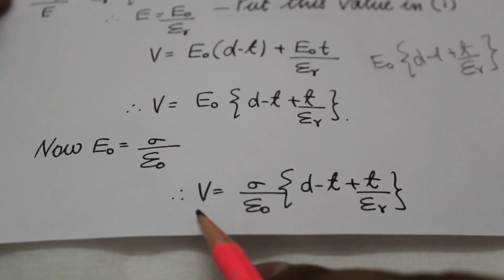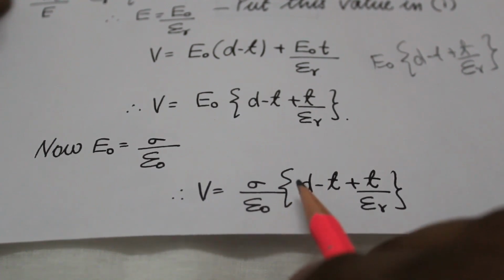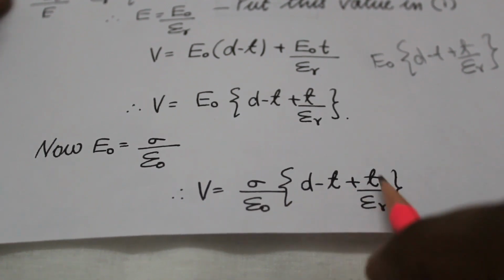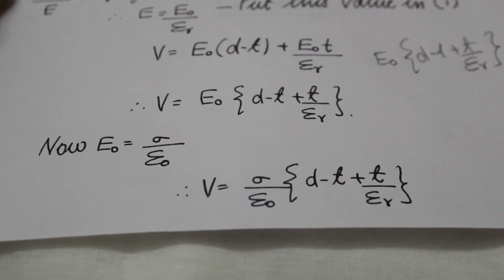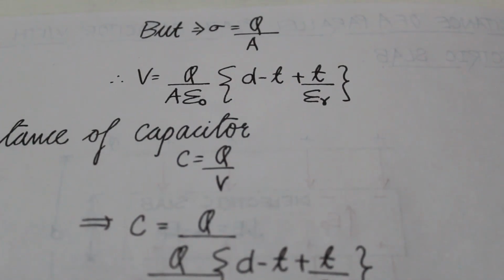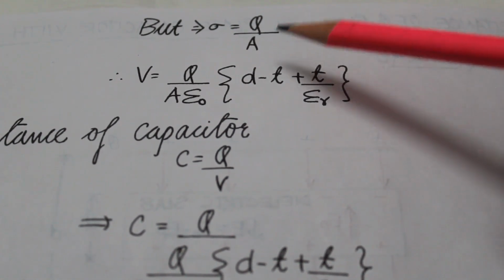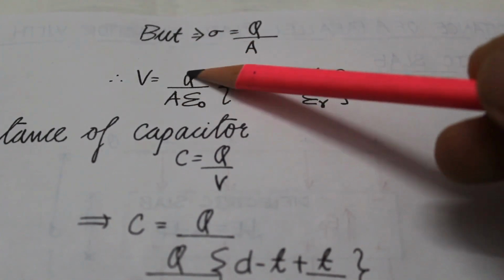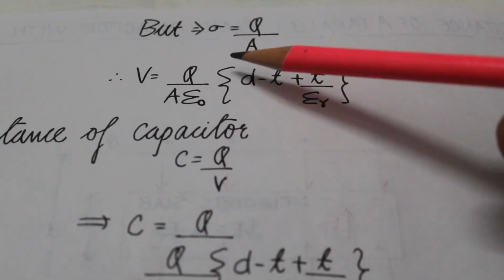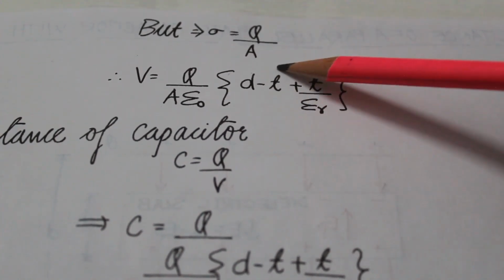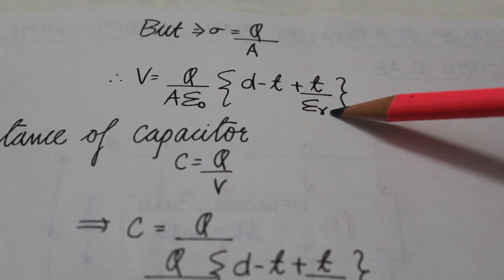So putting this, I get V is equal to sigma by epsilon naught times D minus T plus T upon epsilon R. Sigma, the surface charge density, is given by charge upon area. So putting this value, I finally get V is equal to Q upon A epsilon naught multiplied by D minus T plus T upon epsilon R.